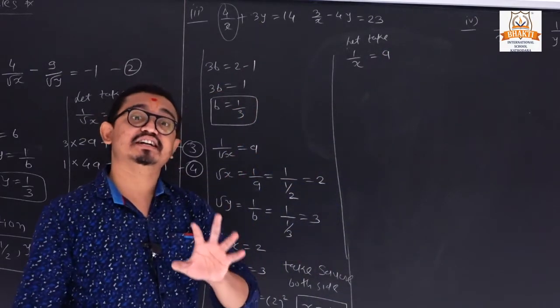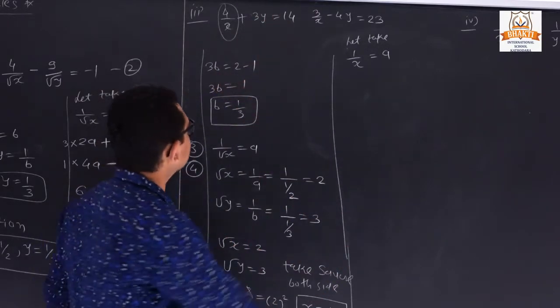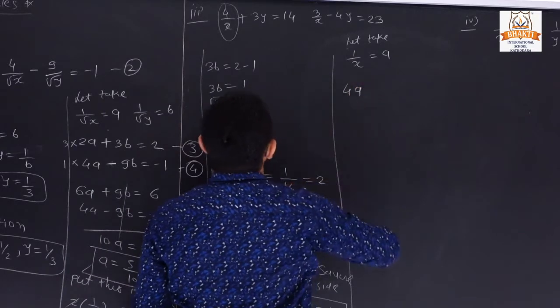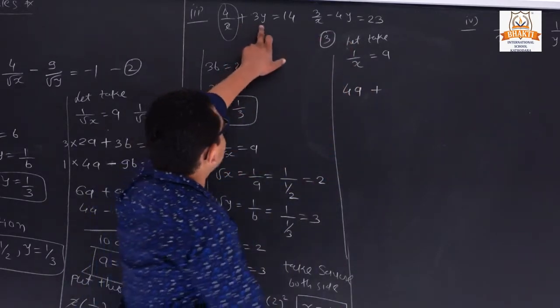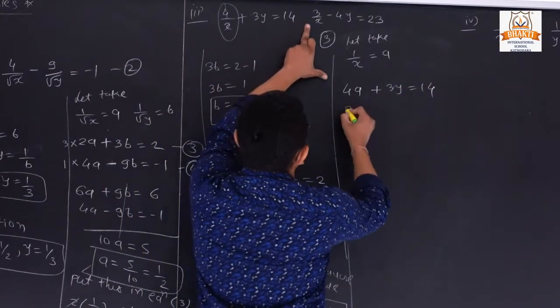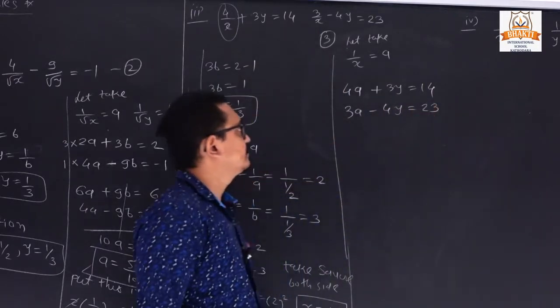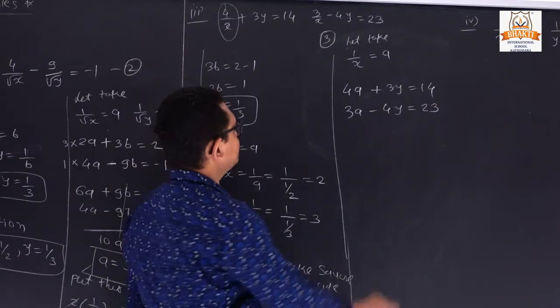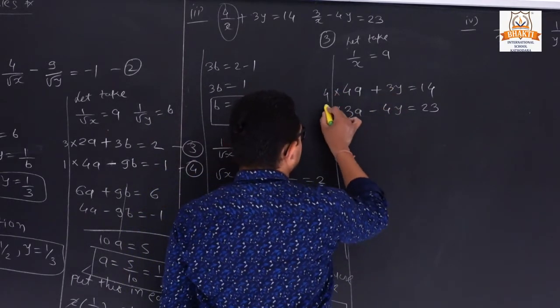So the equation is in the form of a and y. Clear? So I am writing 4a plus 3y is equal to 40. Here 3a minus 4y is equal to 23. Clear? Now I am using elimination. So here I am multiplying with 4 and here I am multiplying with 3.